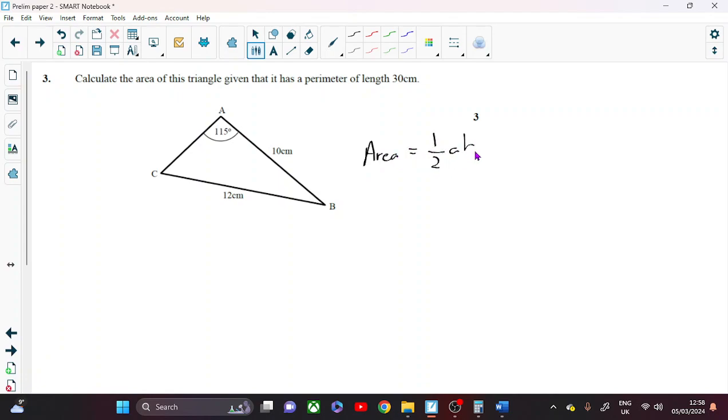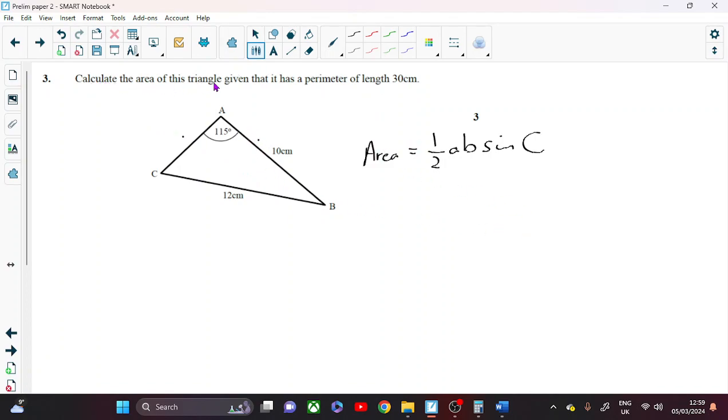Half AB sine C. Now that's the formula, but that's not what we've got as our letters. So our C is actually A, and our A and B are this side and this side.